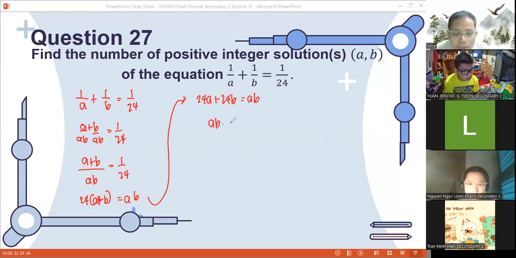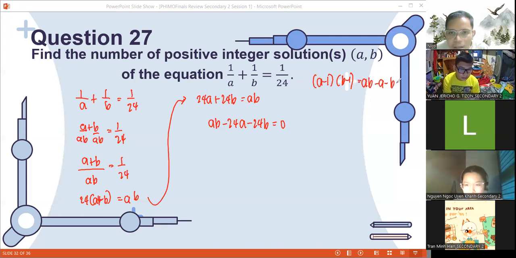And in this form, this is AB minus 24A minus 24B is equal to 0, like (A minus 1)(B minus 1) is AB minus A minus B plus 1, right? So this will become (A minus 24)(B minus 24) equal to 0, but take note, you should add 24 squared here.